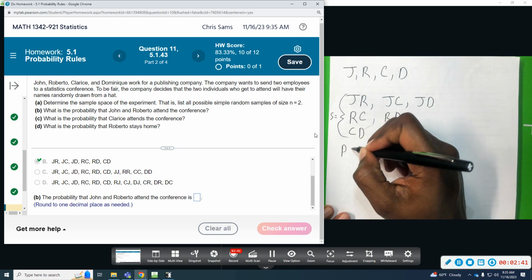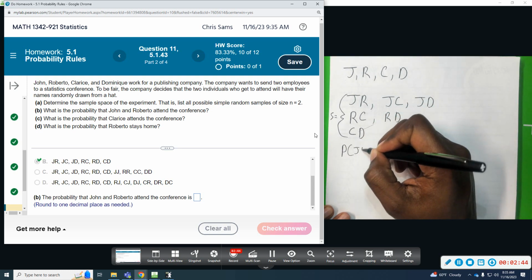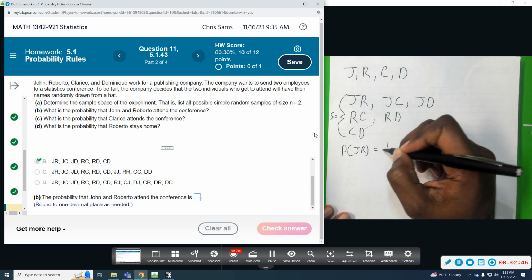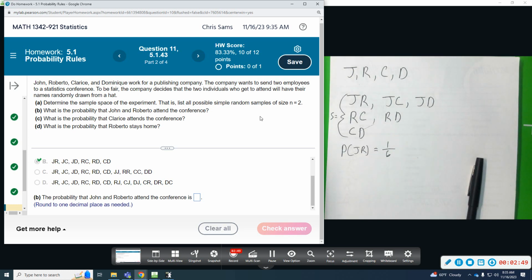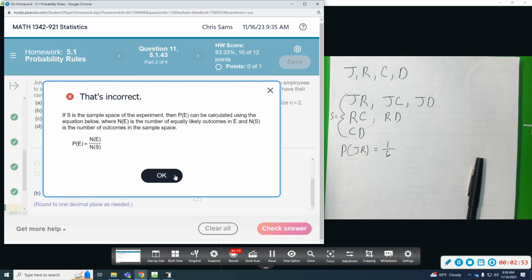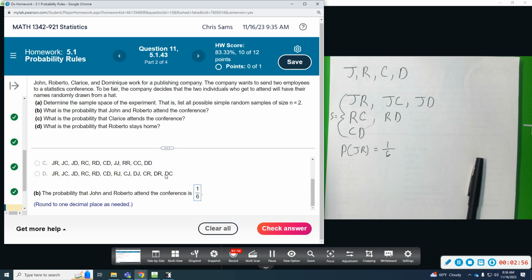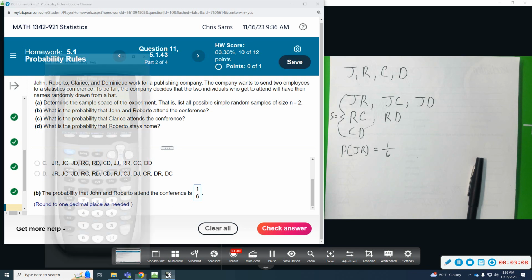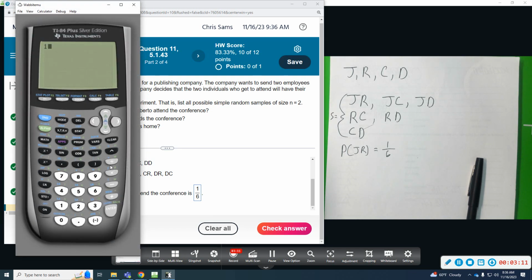So the probability that we get John and Roberto is just 1 out of 6. Oh, they want us to do it in decimal form to 1 decimal place. So 0.2 roughly.